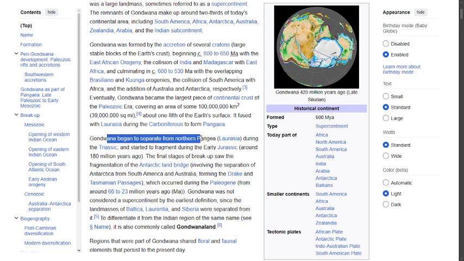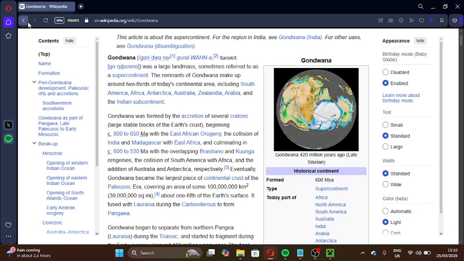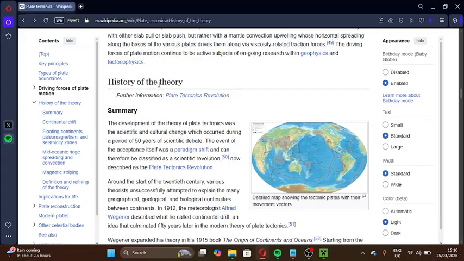Began to separate from northern Pangaea. Oh, okay. It's a supercontinent, but it's when Pangaea was starting to split up, I think. Somebody can correct me if I'm wrong.